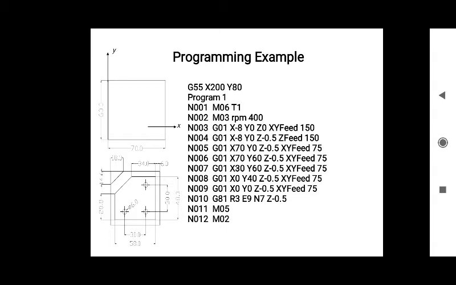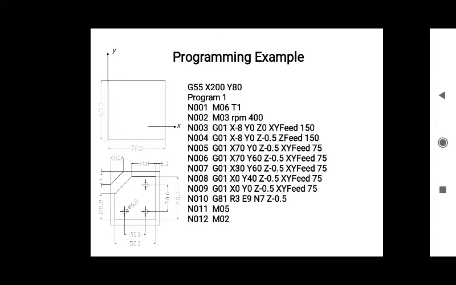Now cutting is from X30 Y60 to X0 Y40. Okay, so in such a way cutting is performed. Now again, after this we are supposed to move the cutter from here to the lower left corner. Okay, so as you can see over here in N008, our cutter moved inclined, and our cutter is over here X0, Y40.